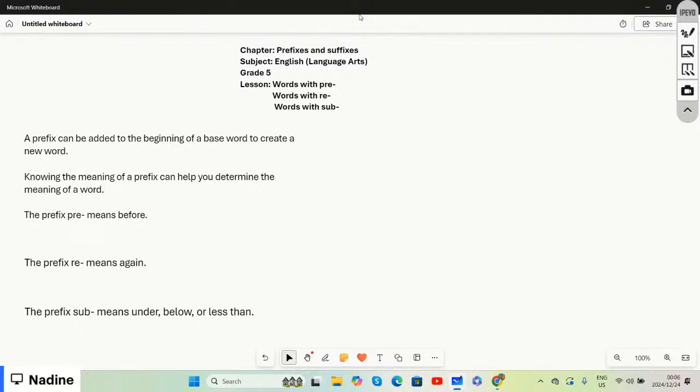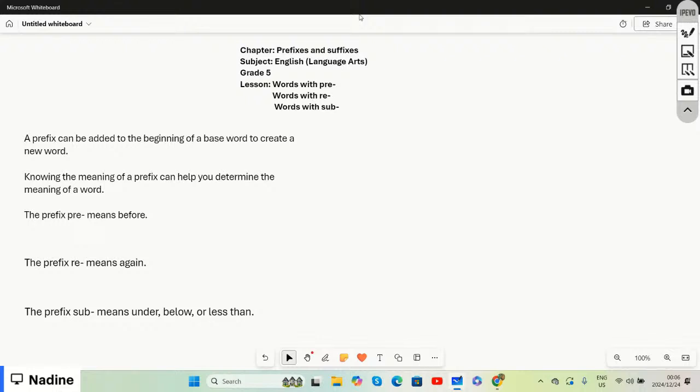So you basically have your base word, and a base word is a word that can stand on its own. So basically the base word, or the root word, is the word that can stand on its own.